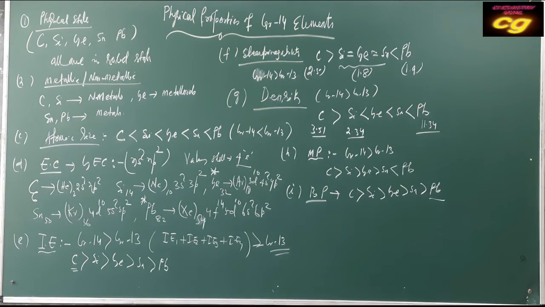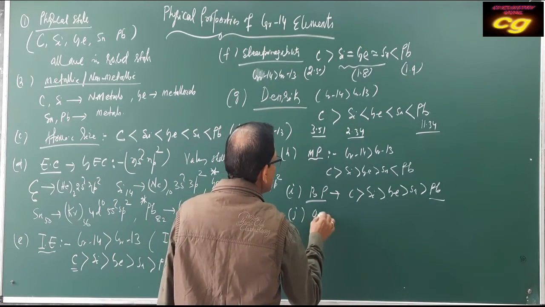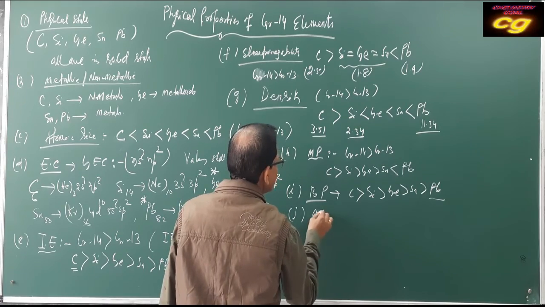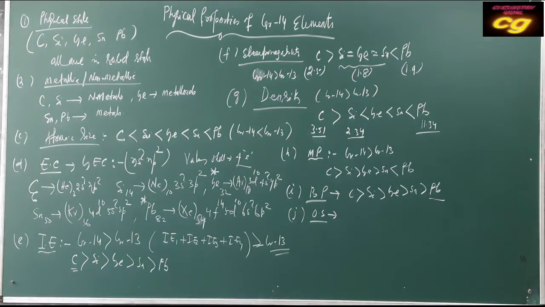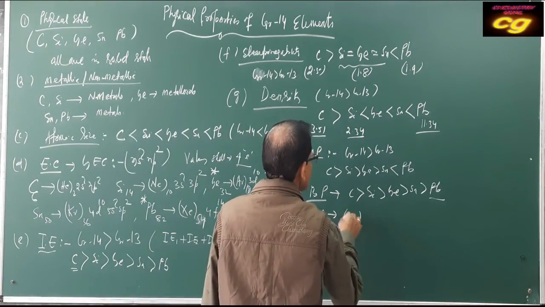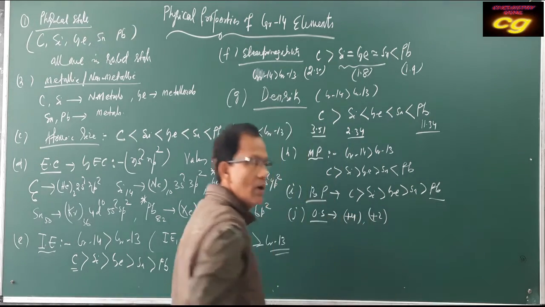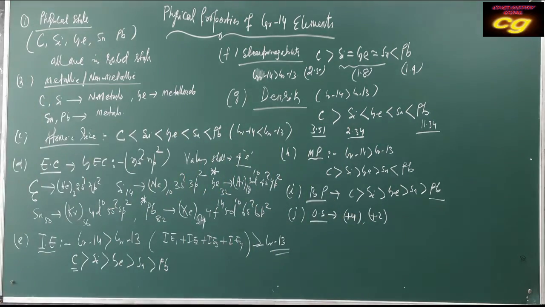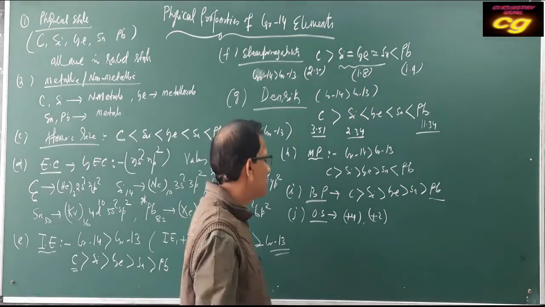Then oxidation states. These are very important properties. Oxidation states, if you discuss, generally they show +4 and +2 states. They cannot show -4 or free +4 and free -4, because it is not energetically feasible.